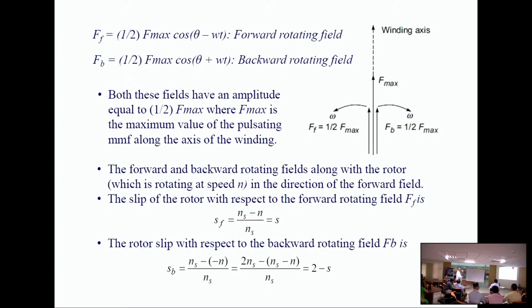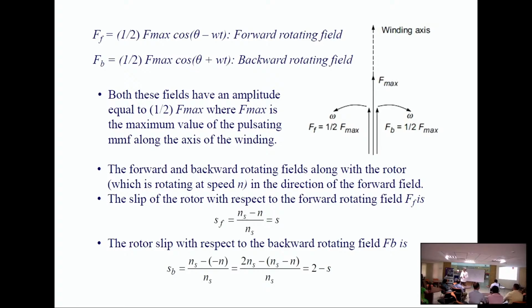Then the forward and backward fields act along with the rotor, which is rotating at speed n in the direction of the forward field. Suppose the motor is in operation, running at a particular speed n. Here we get two slips. In an induction motor, what is slip? Slip is the synchronous speed minus the actual speed, divided by the synchronous speed. Here the synchronous speed is the speed of the rotating magnetic field. One field is rotating in the forward direction, the other in the opposite direction.